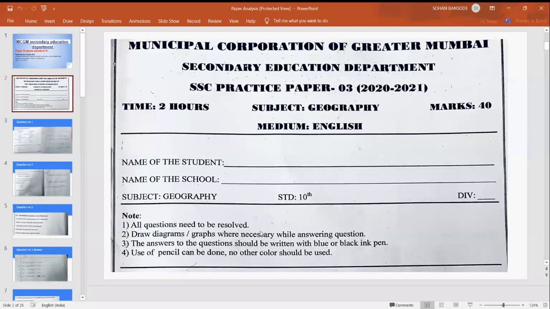Then next, use of pencil can be done. No other color should be used. So pencil you can use, and color pencils, not crayons, you can use only for the map filling question. Okay, so we'll move towards the next slide.